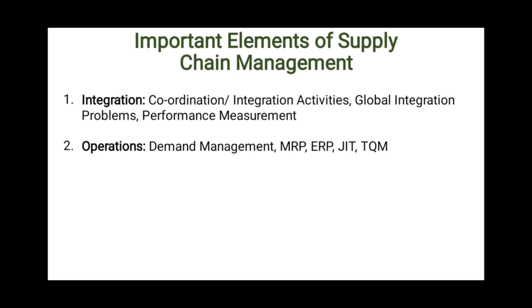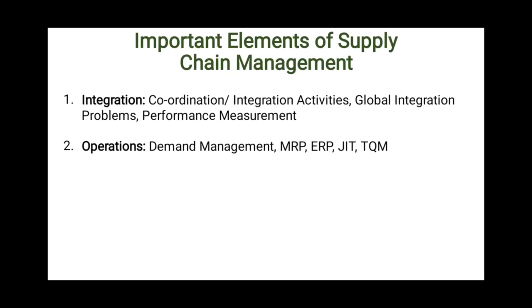The operational team can bring major improvements to the supply chain. So, operations include demand management, MRP, ERP, just in time, total quality management, etc. So, this was the second element of supply chain management.